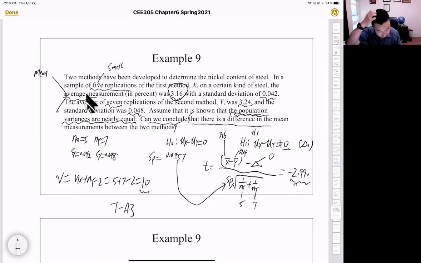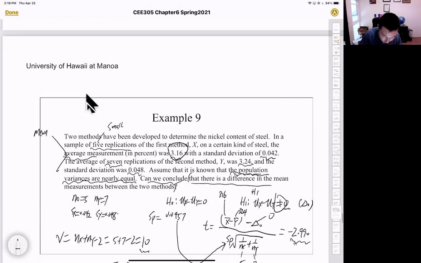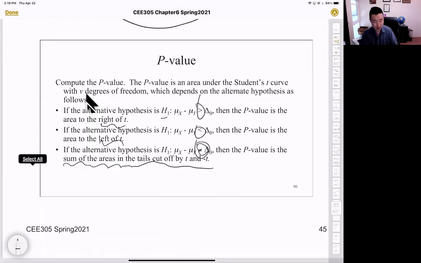And it turned out, because H1 is set up as not equal, when it is not equal, we need to add the sum of areas in the 2 tails. So that's the third situation.